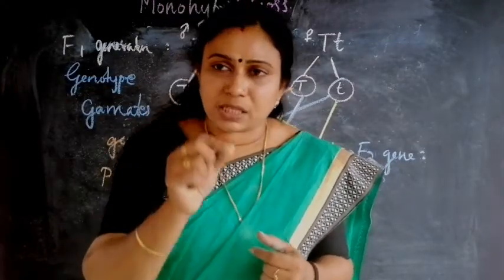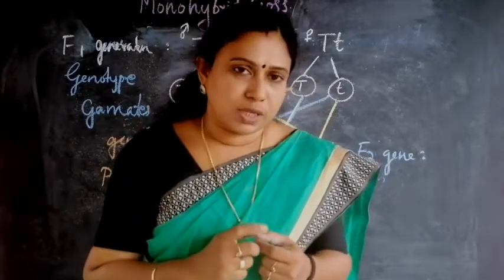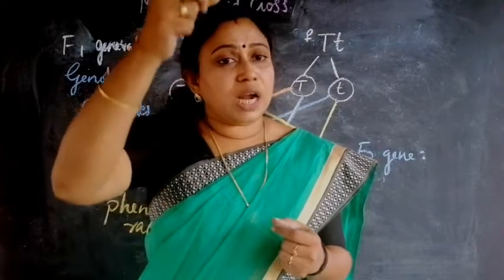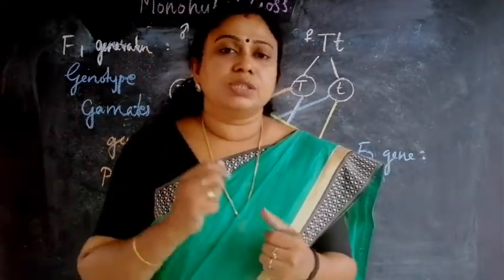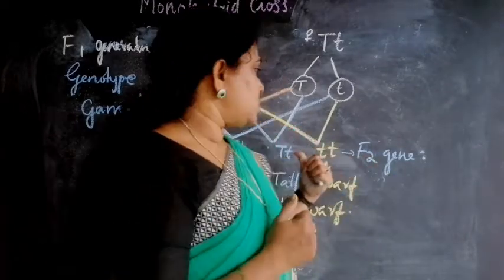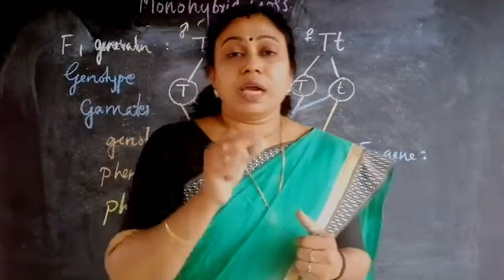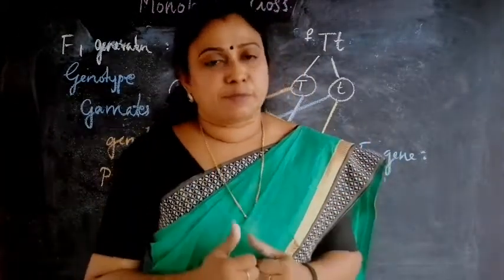So there is a factor which carries the characters of all individuals, and it is transferred from one generation to subsequent generations. And in this cross, Mendel explained that in the F1 generation, only the dominant traits are expressed.